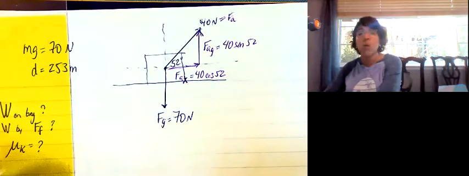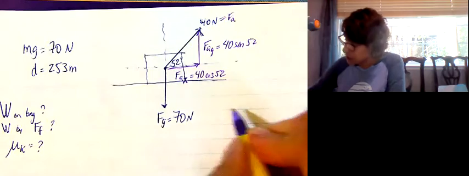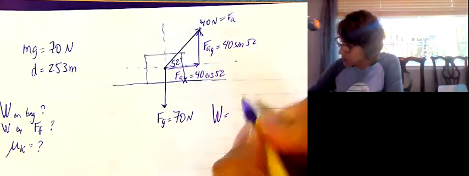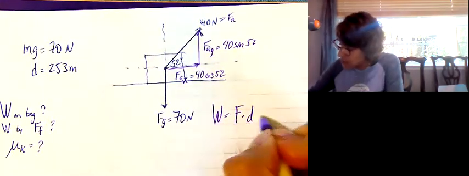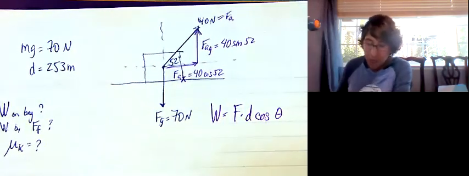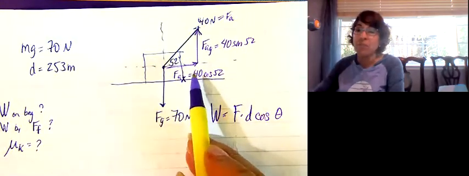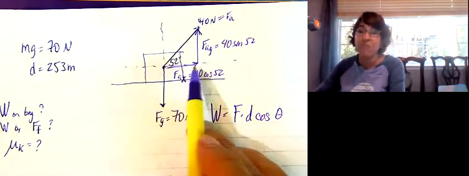All right, so we want to know what is the equation for work. They want to know what work is. We'll go ahead and write here. Well, work is the force times the distance times the cosine of theta. So notice the force times the cosine of theta, that's this one right here. That's F_Ax.